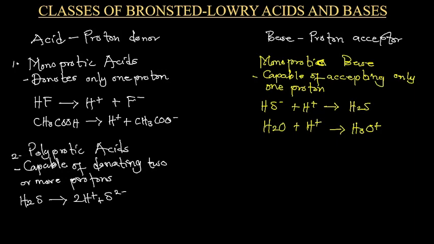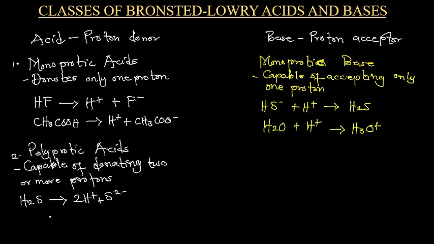So both hydrogens in the hydrogen sulfide are capable of going out as protons. The fact that we have more than one proton given out means this particular acid is a polyprotic acid.